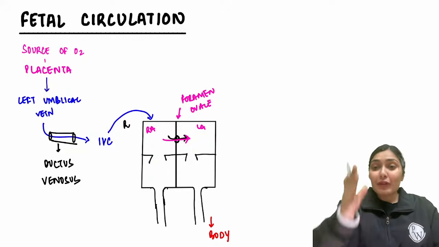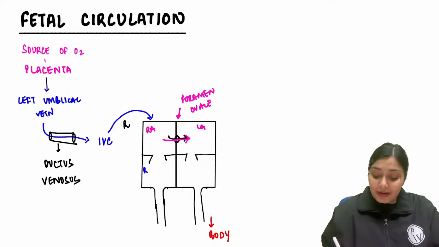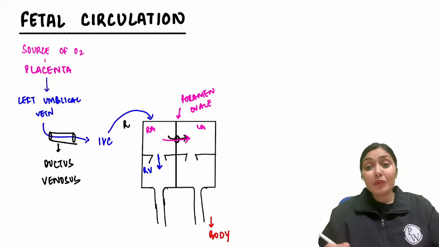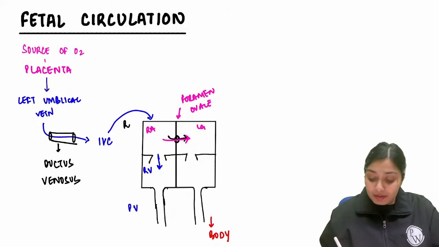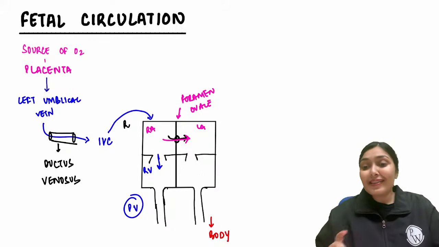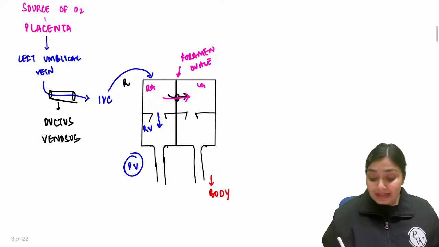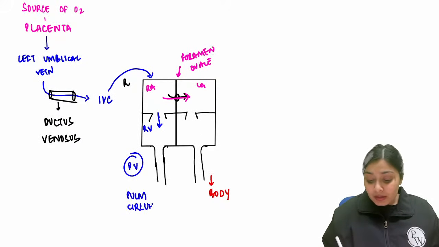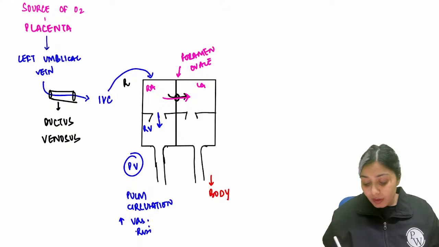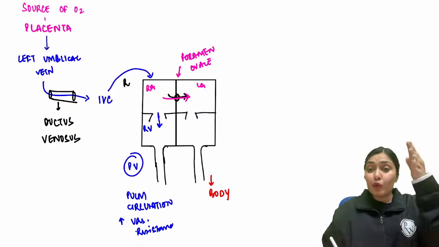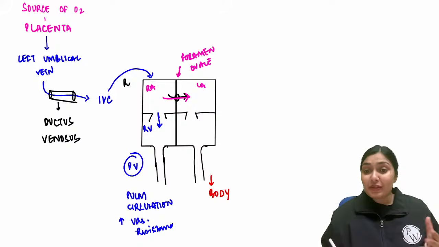Now the remaining blood will go down into the right ventricle. From the right ventricle, it should go into the pulmonary artery. But in fetal life, I told you the lungs are not functional. The pulmonary circulation has very high pulmonary vascular resistance. So the blood won't go down because of the high pulmonary vascular resistance.